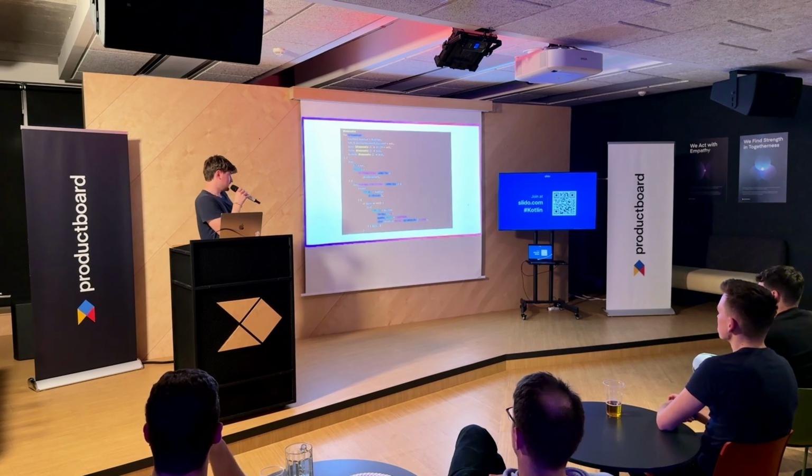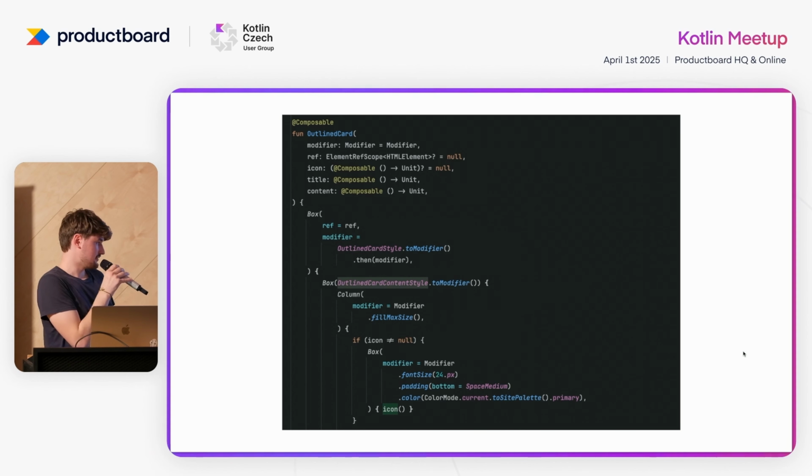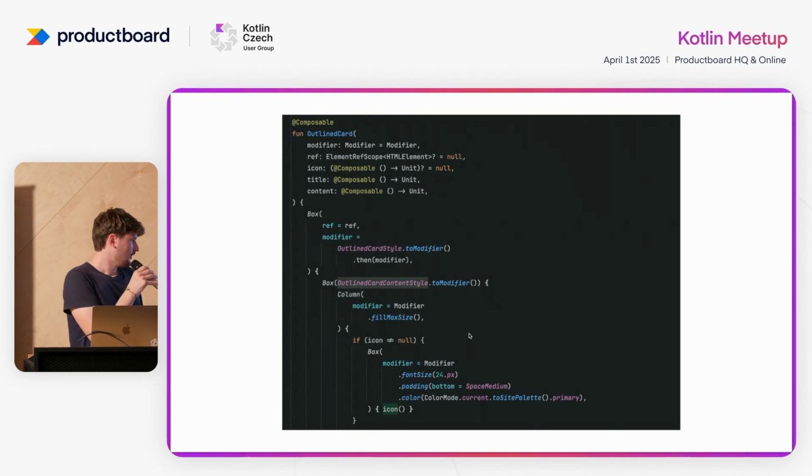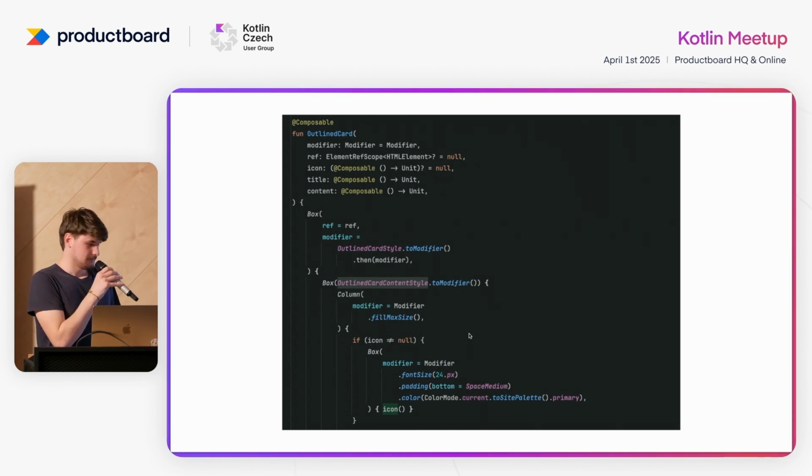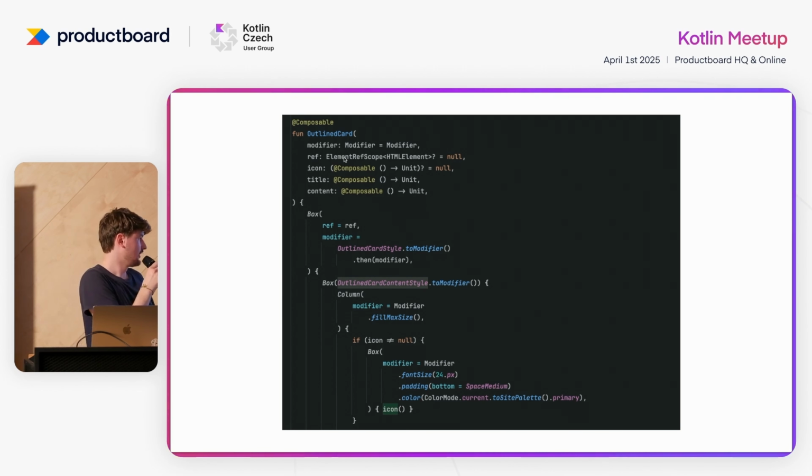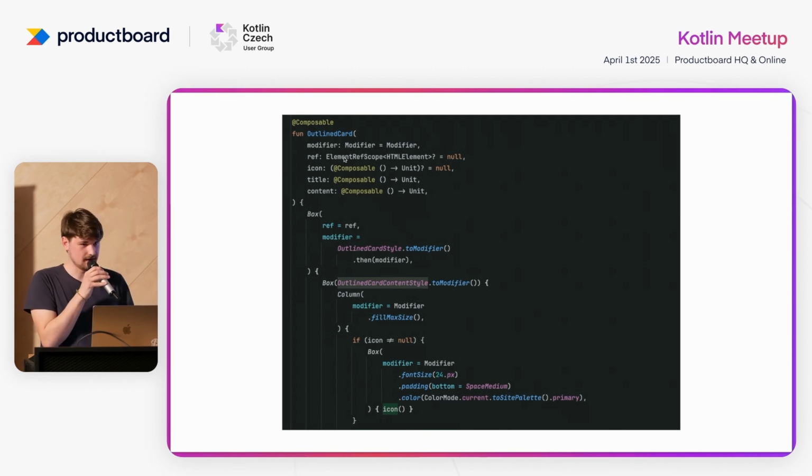So you can still notice references to HTML. For example, font size is set via modifier with pixels, or there are some changes to how color works, or for example, you can see the reference here, which also doesn't exist in normal Compose. But I think the syntax is much nicer, and it's much more straightforward for a Compose developer to pick up on this.